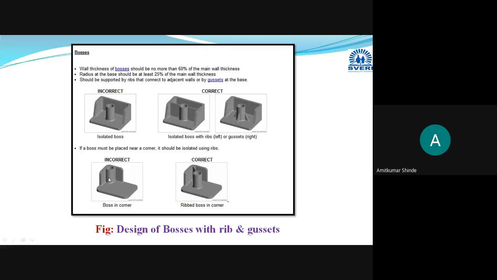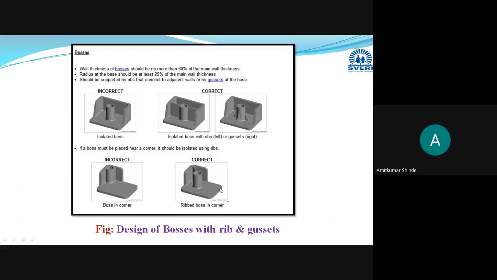Then whenever you are placing this boss away from the wall. Okay, this boss is away from the wall. And suppose you are using the boss very near to the wall, then you should not design in this way. It should be done with the help of this design.